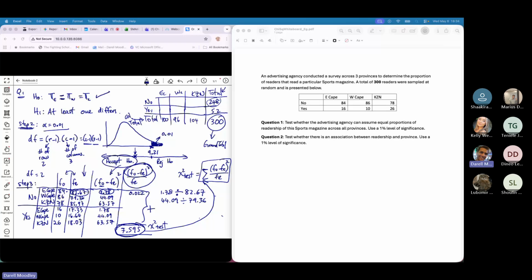And we've pretty much answered our hypothesis test, because if we are accepting H0, we're saying that the proportions are equal. So in other words, each province has the same proportion of readers for the sports magazine. All of this work was to answer that. If I had to write this out, I'm just going to create some space here.